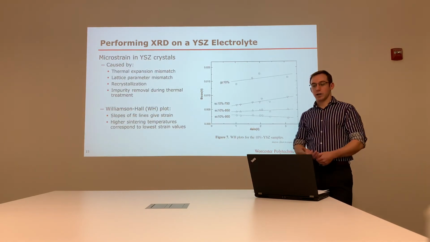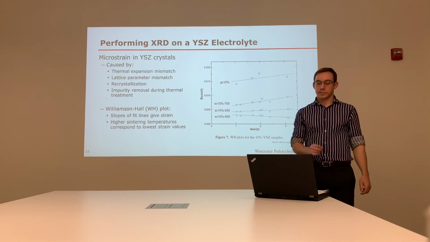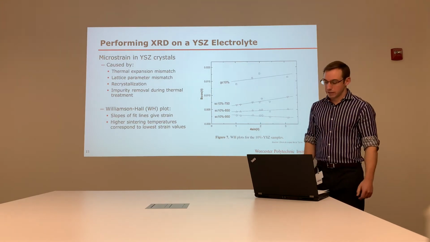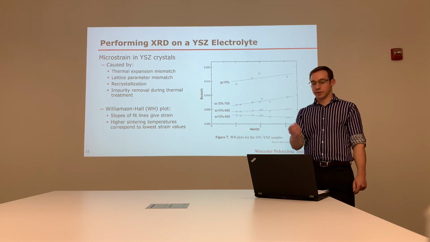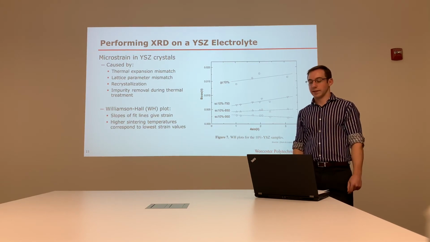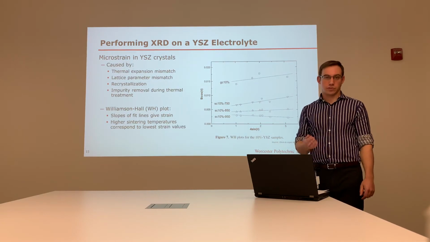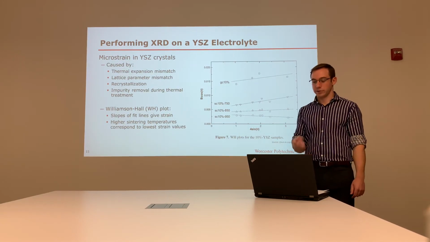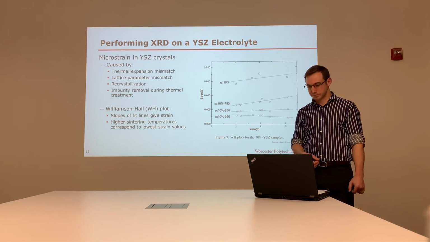Moving on to the Williamson-Hall plot, you can see that a plot of the broadening versus the sine theta results in these linear relations here. We fit a curve to the line, and that allows one to see the slope, which correlates to the strain in the lattice, and also the y-intercept, which correlates to the grain size.